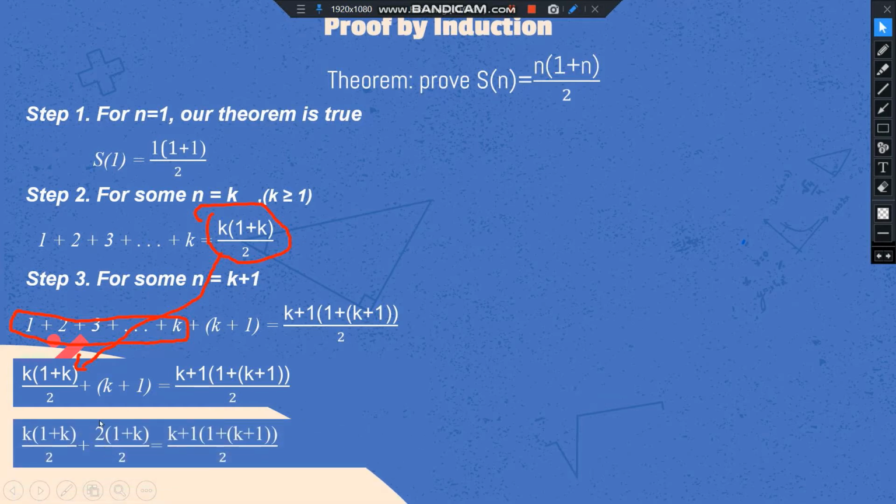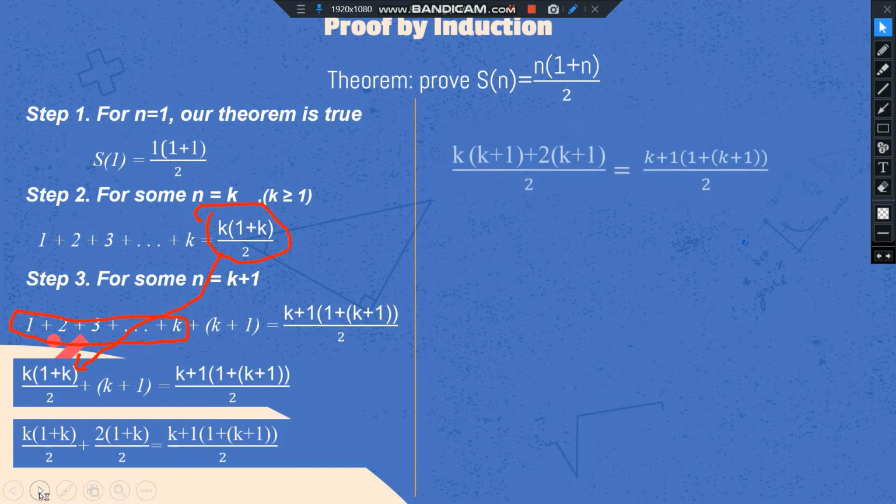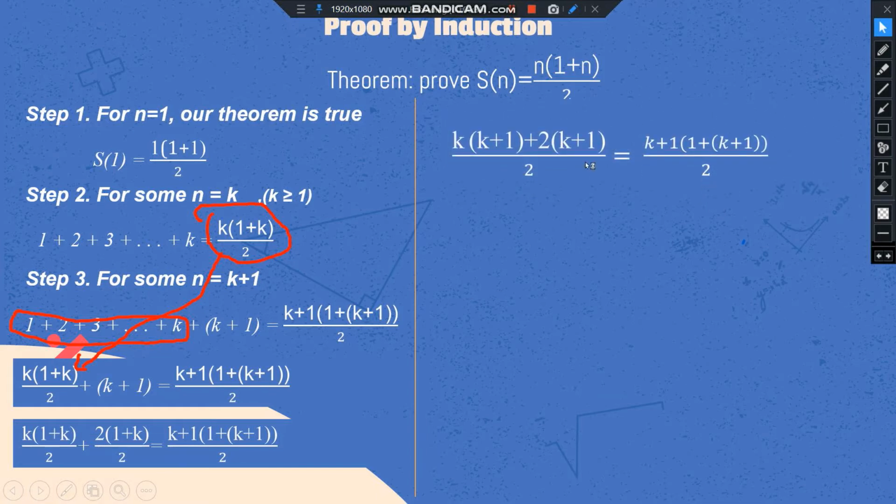So we just add here 2 over 2, which when you simplify equals 1, but we just want to add these two and give this expression a common denominator. Here we just move these two so you can see easily that k plus 1, k plus 1.